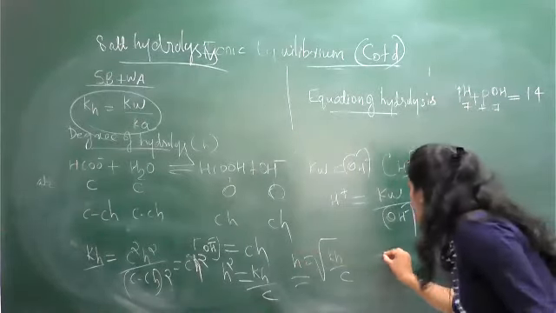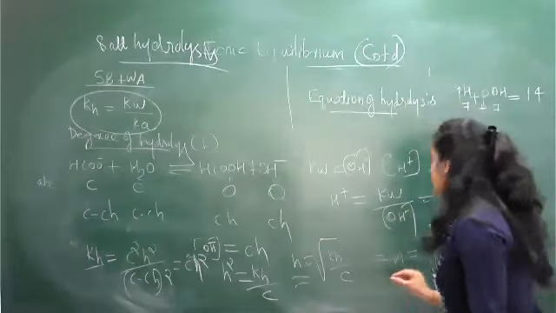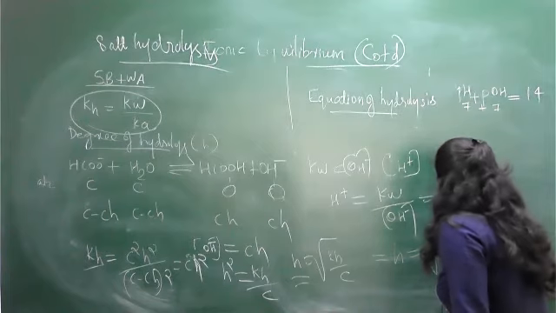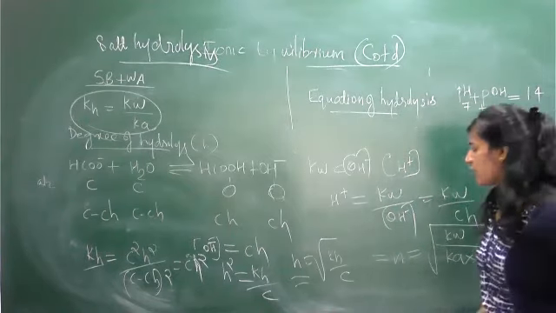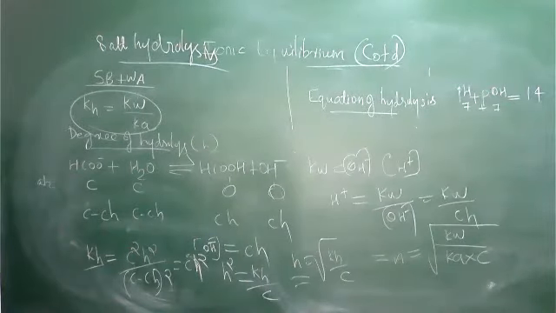So how can we rearrange? h is equal to root of Kw divided by Ka into C. This is the result.